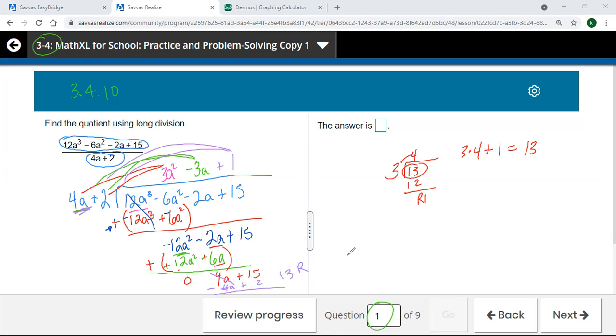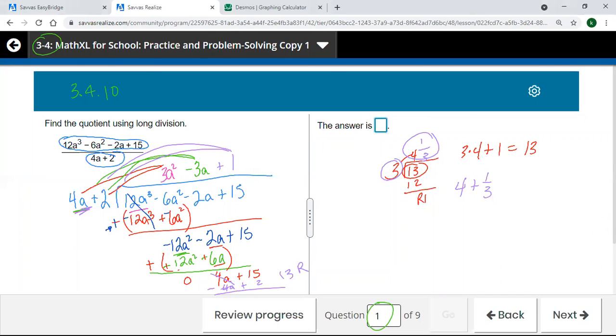So the other thing with that is, if you remember when you're over here, when you had this remainder of 1, then you take that remainder of 1 and put it over your divisor. So your total answer was the 4 plus the 1 remainder over your divisor. So we're going to do something similar to that here.